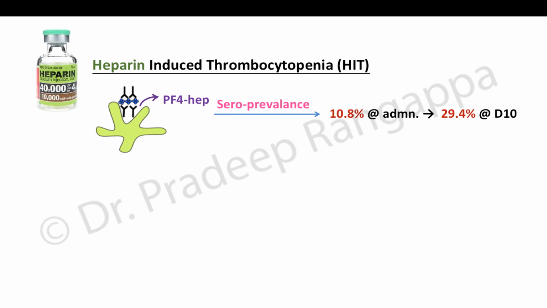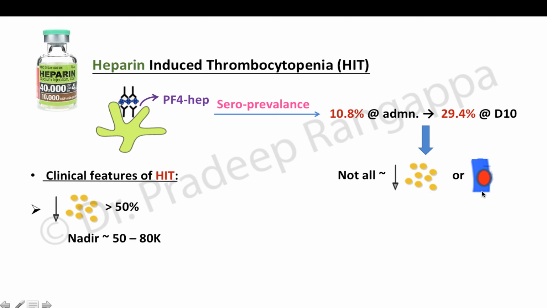That is something you need to bear in mind. A significant percentage of patients do express this PF4 heparin complex, but not everyone develops thrombocytopenia or a prothrombotic state. So that is something you need to keep in mind. The diagnosis is predominantly based on clinical suspicion, or having a high index of suspicion.